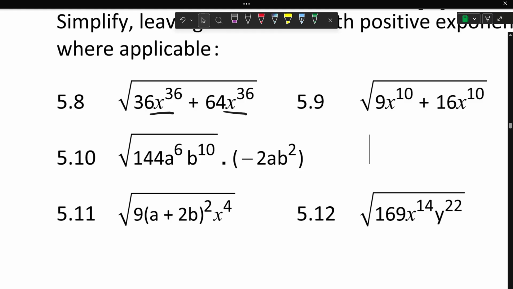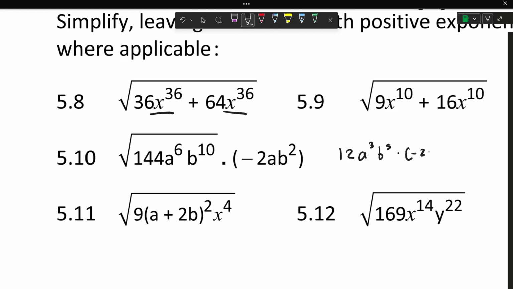You see that is a root of 144, which we should know is 12. Then the a exponent will be divided by 2 because it's a square root. A to the 6 over 2. Then the b exponent will also be divided. B to the 10 over 2.